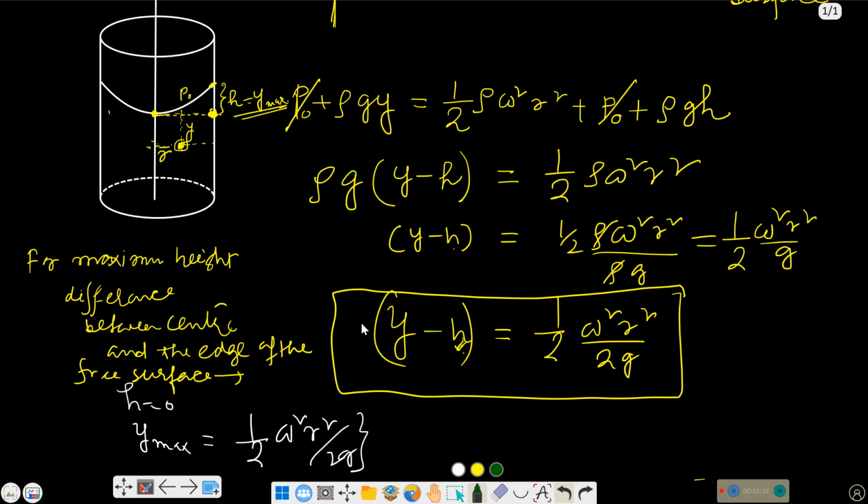So this is all about the rotation of a fluid in a cylindrical container. I hope you have understood.